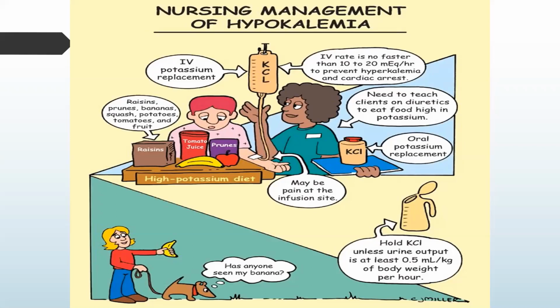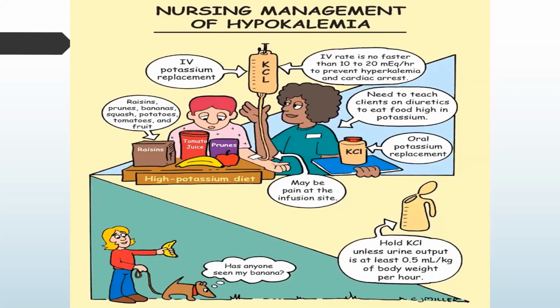The reason is potassium is excreted via the kidneys. If kidneys are not functioning correctly, potassium will build up in the system. If taking diuretics, it should be a potassium-sparing diuretic, such as spironolactone, to help conserve that potassium.